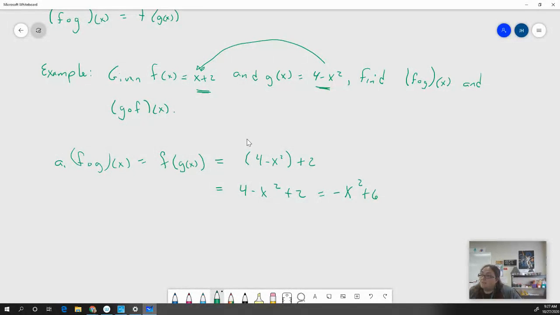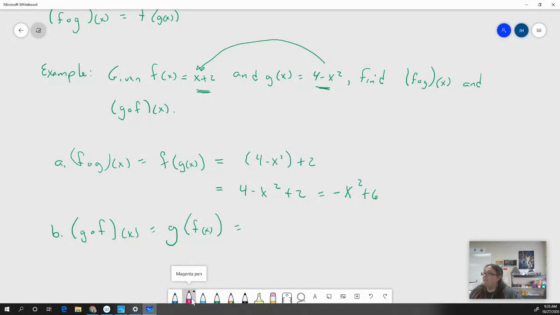Now it also asked me to find g composed of f of x, which means we're going to do the opposite. We are going to take g of x and input f of x into it, which means I'm going to do the opposite of what I did the last time.